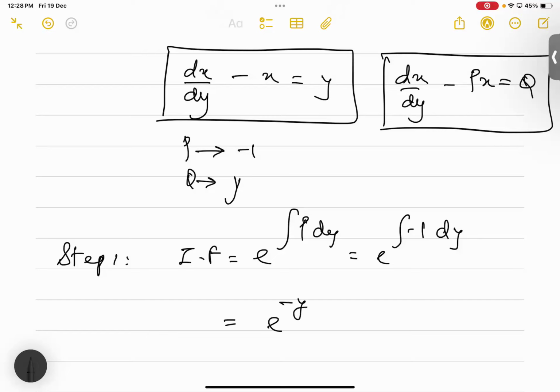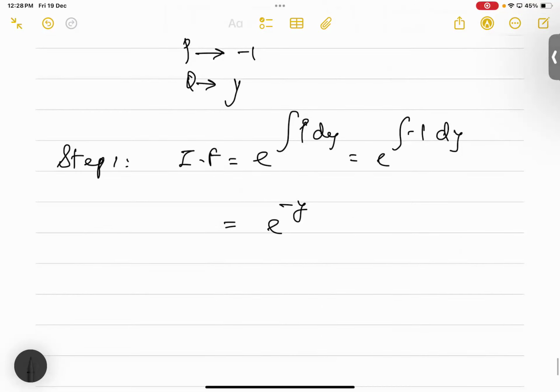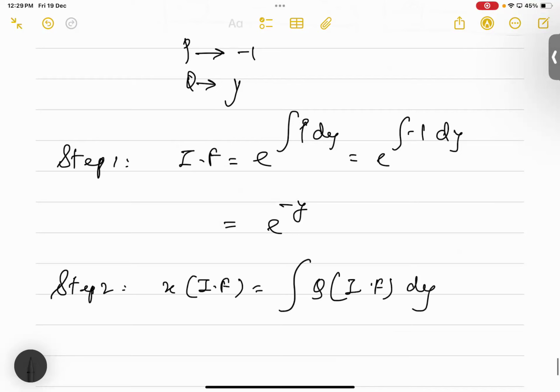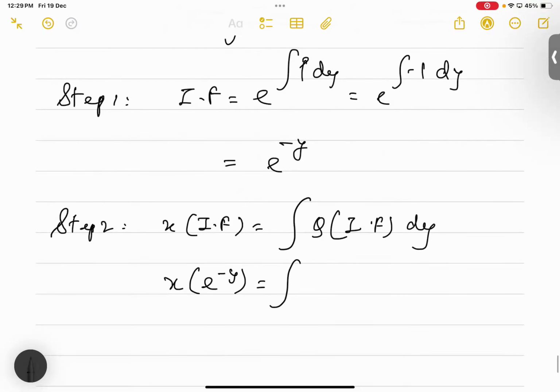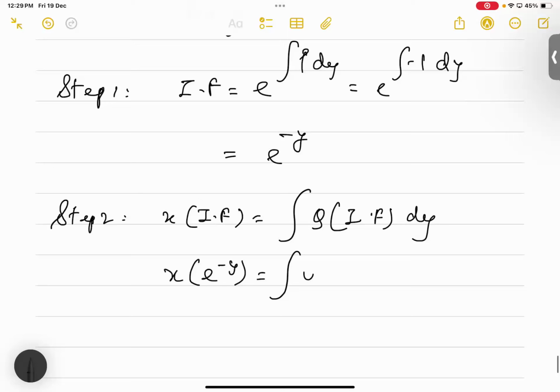Okay, dy is there. You can copy this. You don't require my help now. What is q? Y. E raised to minus y.